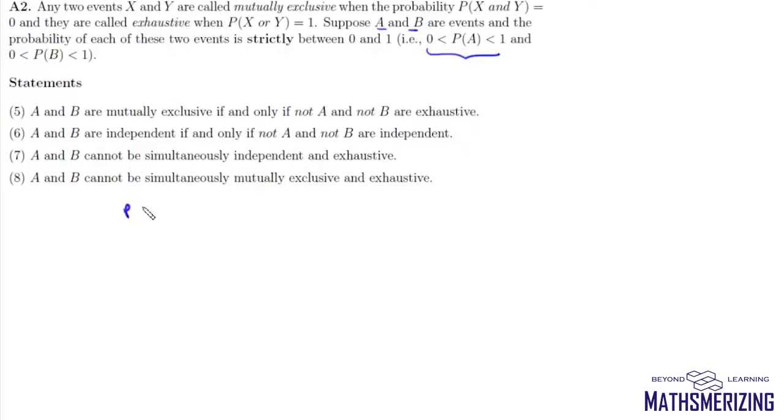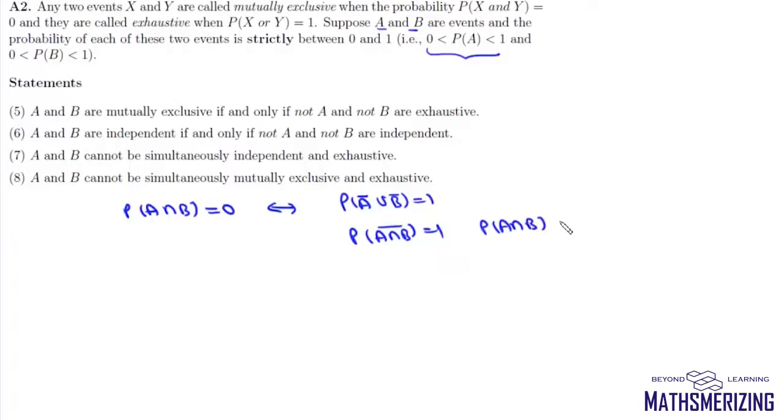If A and B are mutually exclusive, then P(A intersection B) will be 0, and we have to prove this is possible if and only if not A and not B are exhaustive. That means the probability of A' union B' is equal to 1. Now if we look at this probability, then it is the probability of (A intersection B)' will be 1. So from here we'll get the probability of A intersection B will be simply 0.